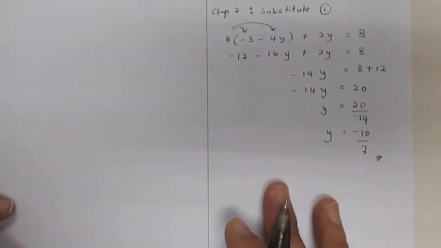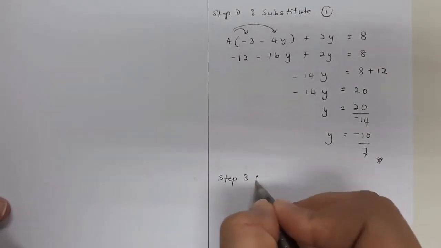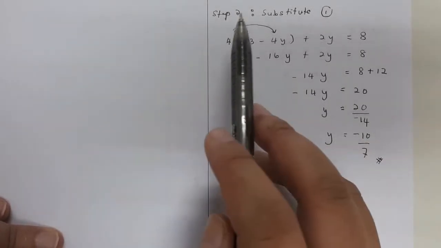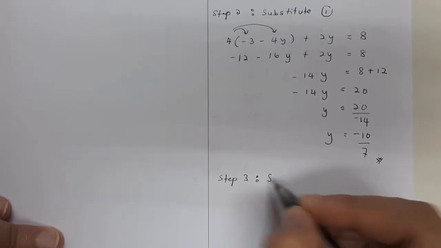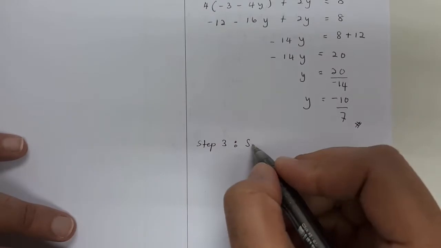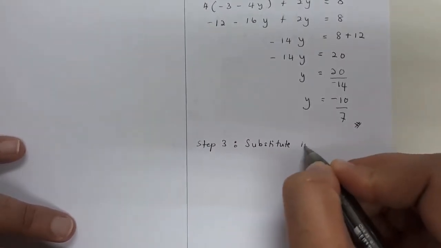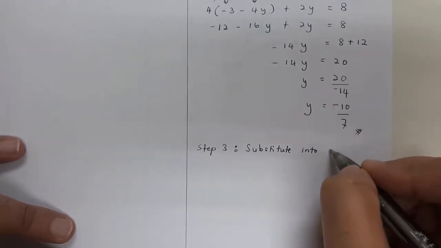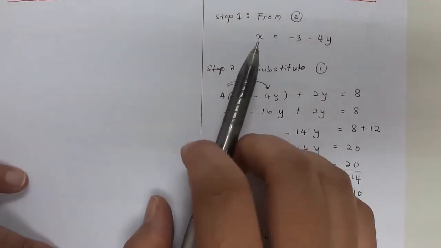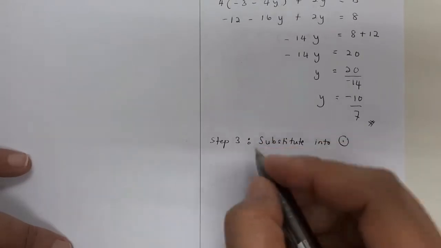As for step 3, now we will take the answer from step 2 and substitute into the equation from step 1. Okay, so from step 1, here we have x equal negative 3 minus 4y.